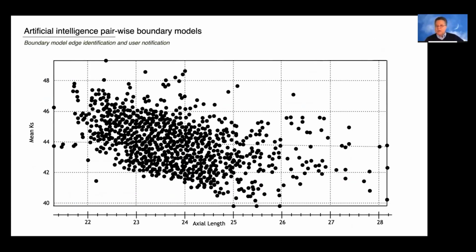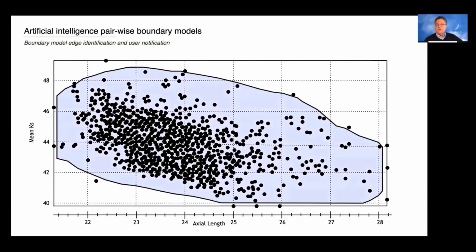And another tool that engineering has taught us, and it's never been used in ophthalmology before, but we decided to use it with this, is something called a boundary model. For any pairwise model, in this case central corneal power against axial length, we can create a boundary model where we sample the edge for known accuracy.